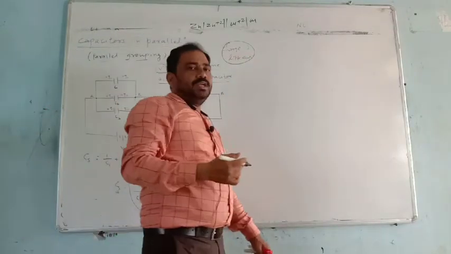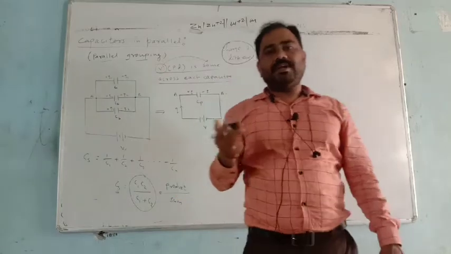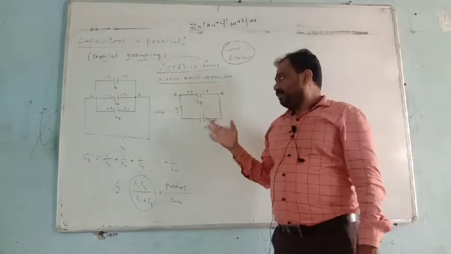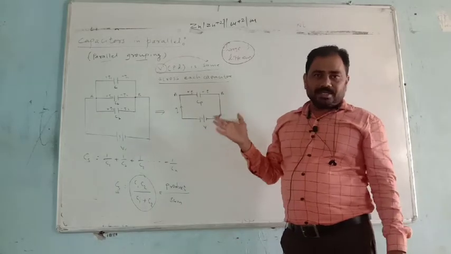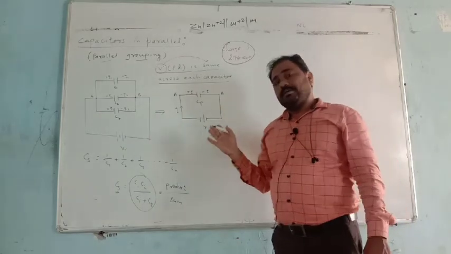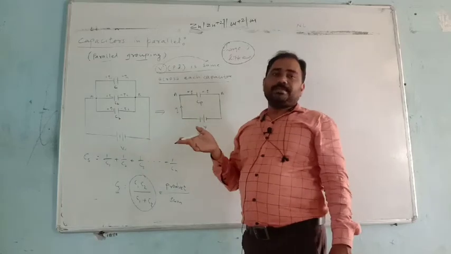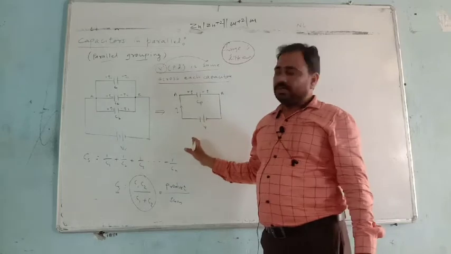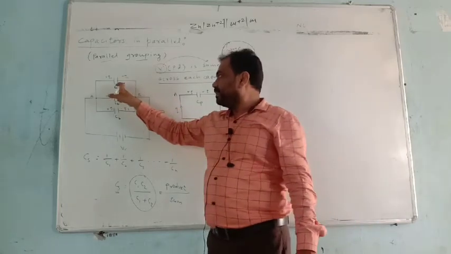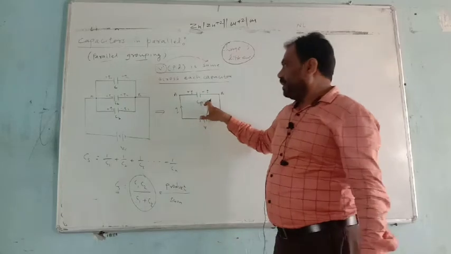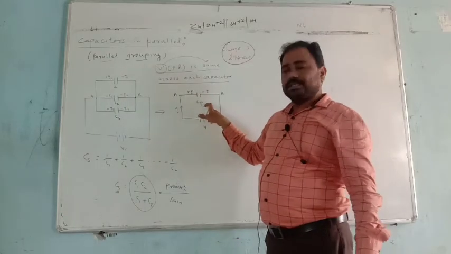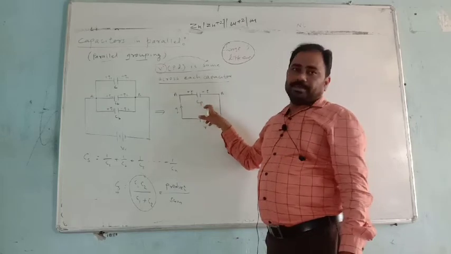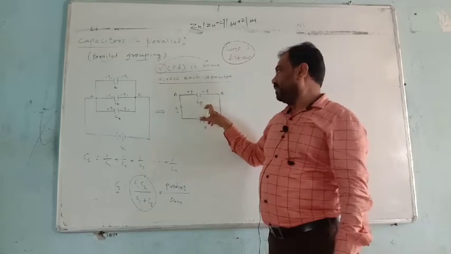Similarly, we have to prove what the equivalent capacitance of a parallel combination is. If capacitors have a parallel combination, then what will be the value of the equivalent capacitance? This diagram we can also draw like this: instead of these three capacitors C1, C2, C3, we can use a single capacitor, that is CP. CP stands for the parallel capacitors, the equivalent capacitance for parallel combinations.